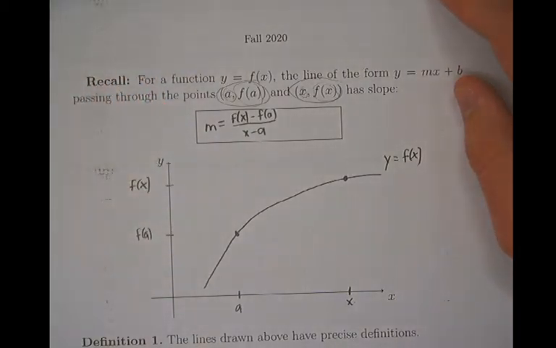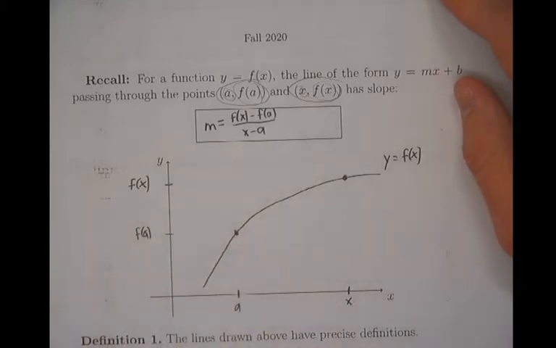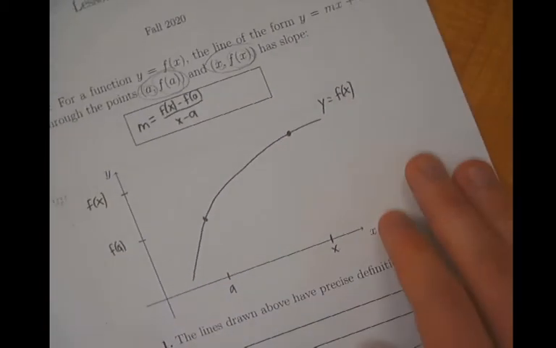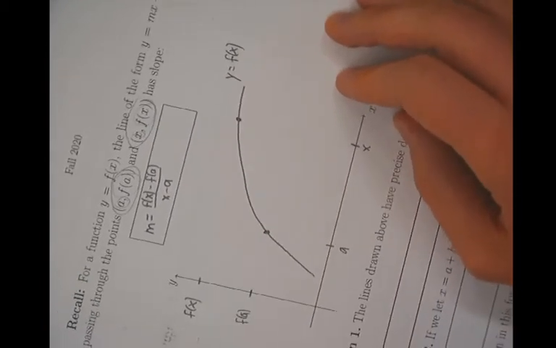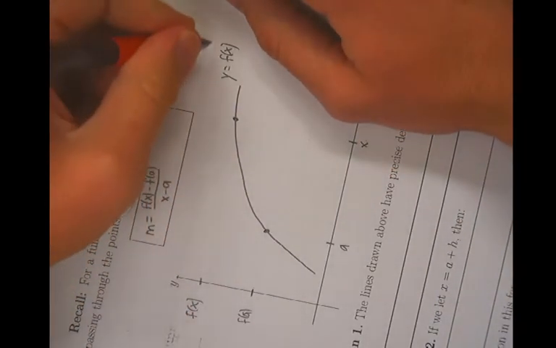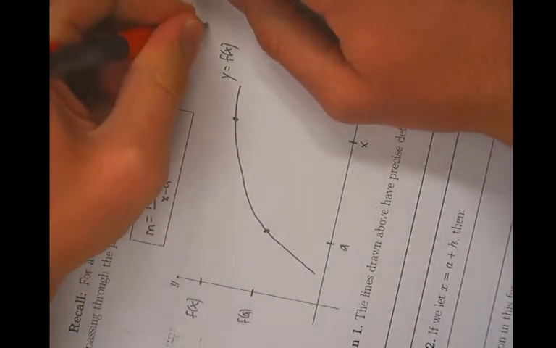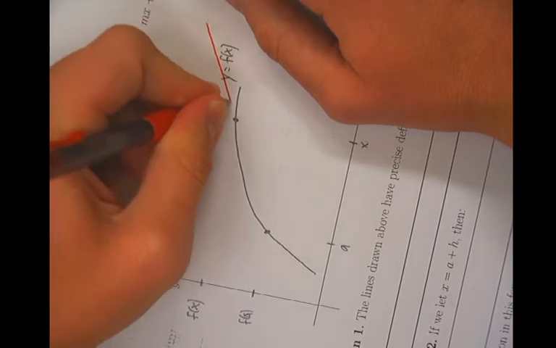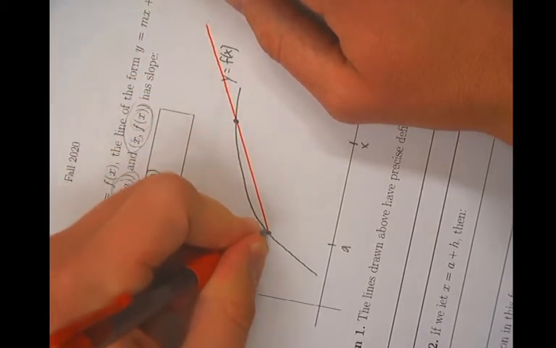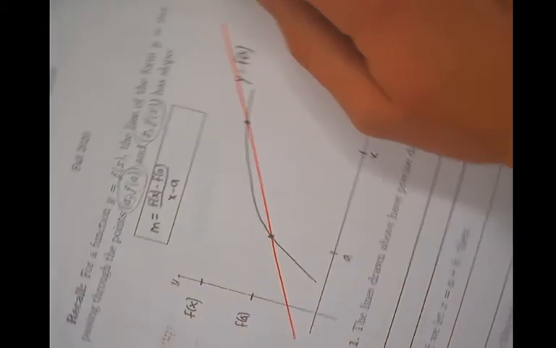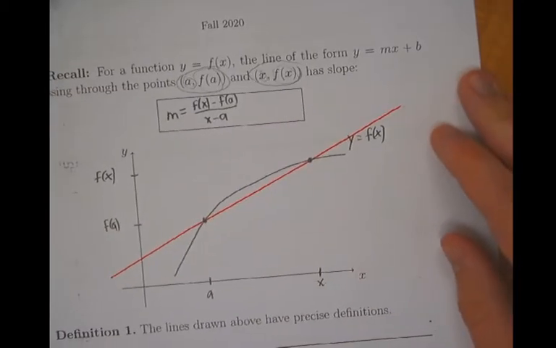Okay, now I'm going to draw 2 lines. The first one, as per the equation here, is going to be the line passing through x and a. Fingers crossed I don't screw this up. Beautiful.